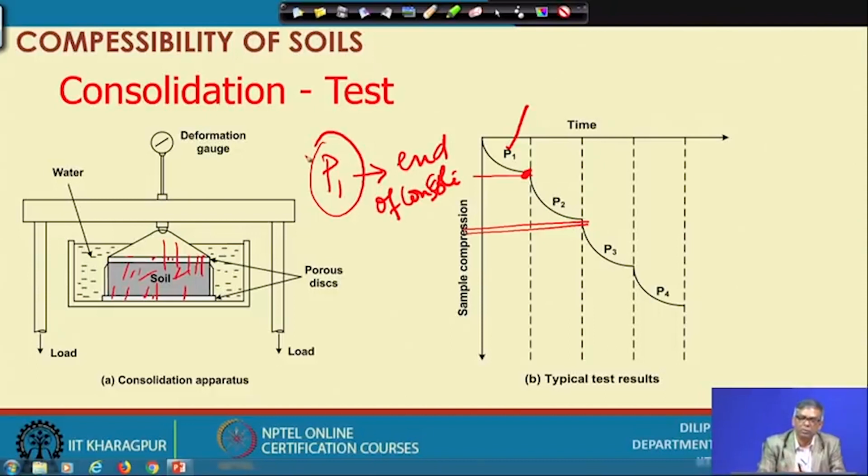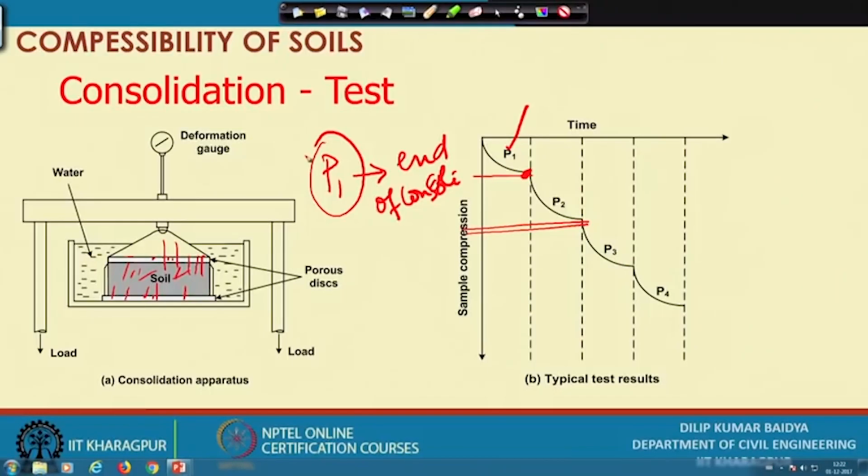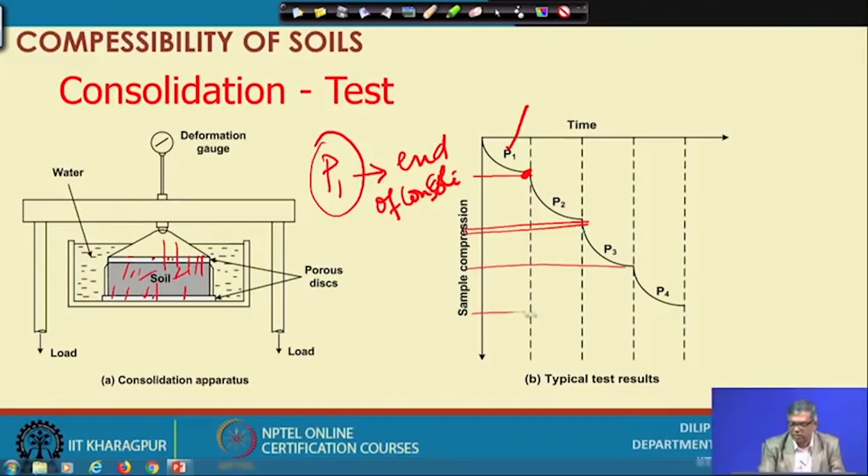When you talk about consolidation, it is essential to mention under what pressure. If I apply pressure P 1, it will have some amount of consolidation; if I apply load P 2, the consolidation will be something else. If you continuously change the loading, you will get different consolidation for different pressures.